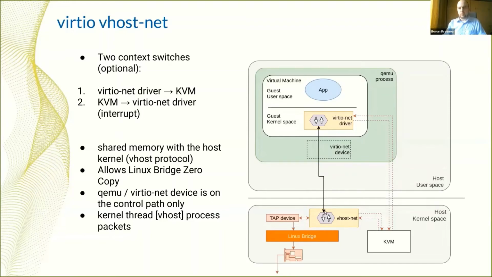The communication between these two is over shared memory, and so the QEMU process is not involved at all in the communication between the two, except for the so-called kicks, which is like waking up a virtual machine when there is an interrupt. So in this case, there is the vhost-net thread in the kernel, and that submits packets over the tap device to Linux Bridge or Open vSwitch in the kernel.